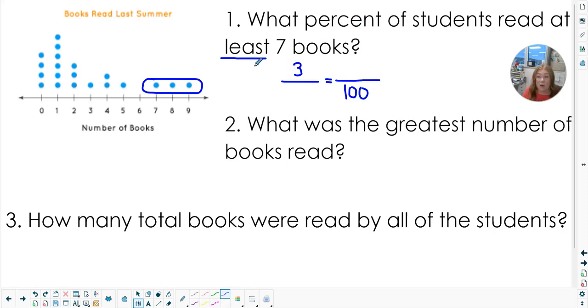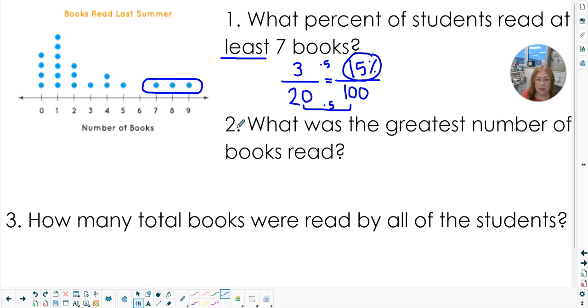And out of all the people, we already know, we just counted all the dots. There are 20 people. So we do know how to get from 20 to 100, 20, 40, 60, 80, 100, 5 times. So if I times by 5 here, we're going to times by 5 here. So our total is 15% of the people read 7 or more books last summer.